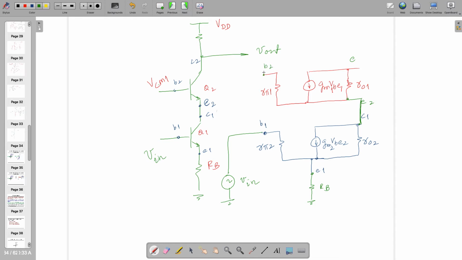Base 2 is connected to VCM1, which is actually AC ground. C2 is connected to V out, where there is one resistance whose name is RC. RC is connected to ground because of this VDD. Because of VDD, this becomes AC ground. Because of VCM1, this becomes AC ground. Is it okay? Can you draw this small signal model?